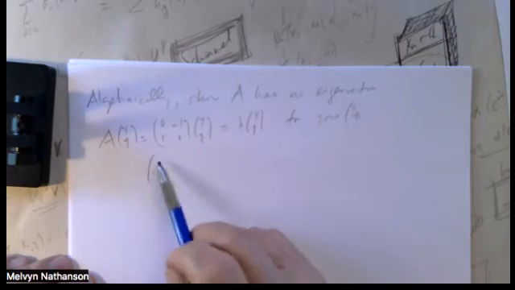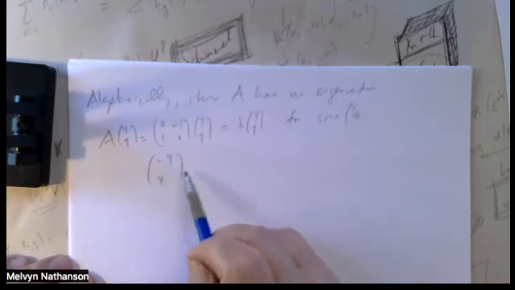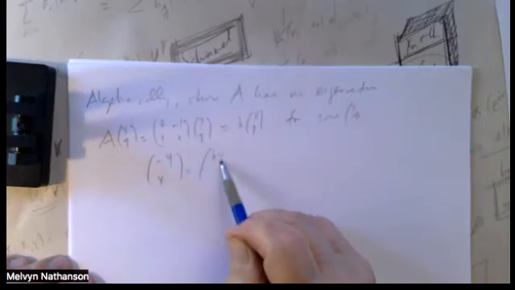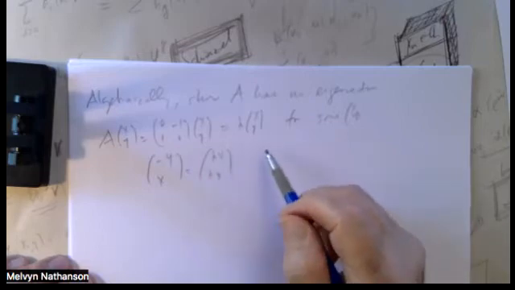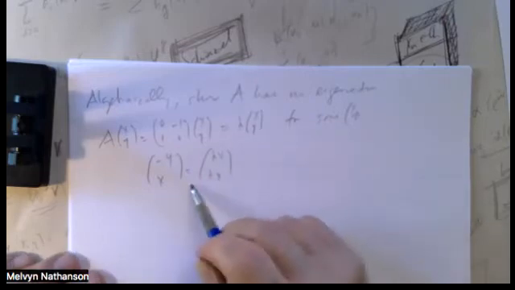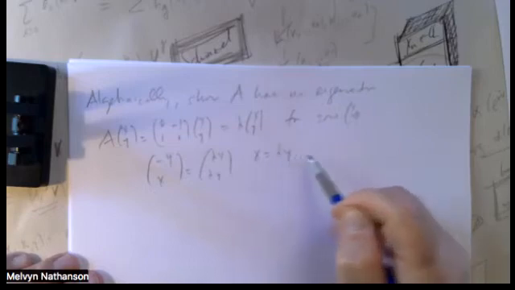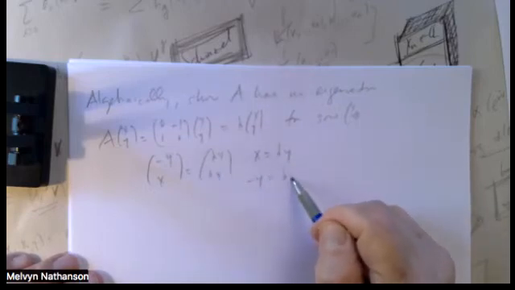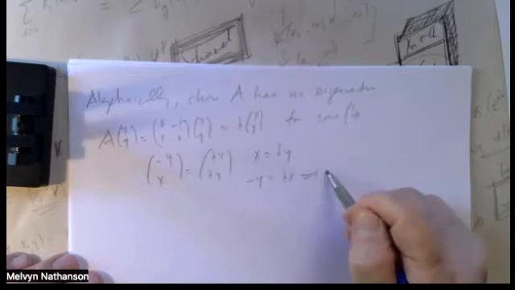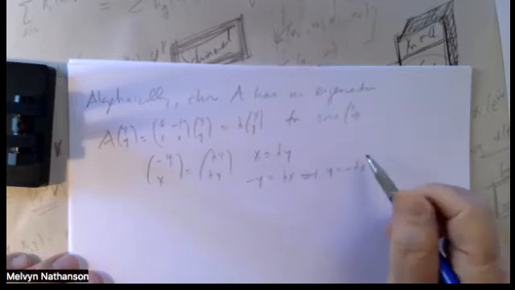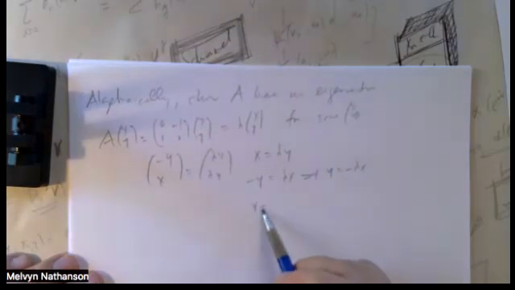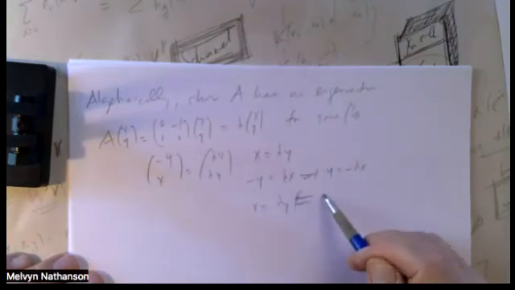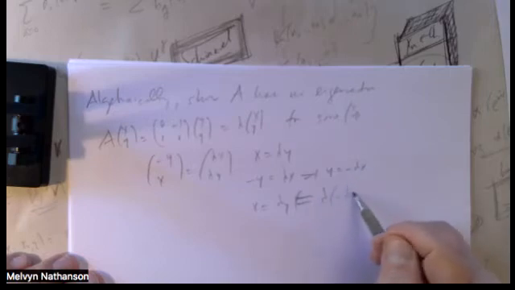Let's see, when I multiply the matrix times this, I get y, minus x equals lambda x, lambda y. So this says that y is equal to lambda x, and minus x is lambda y, which means x is minus lambda y. So x is lambda y, and y is minus lambda x.